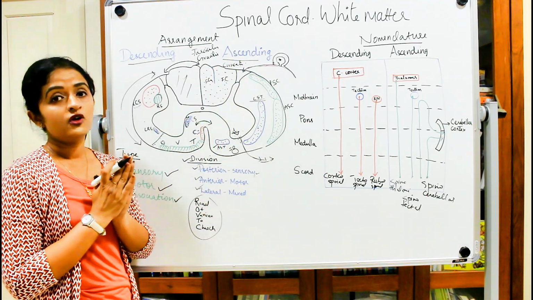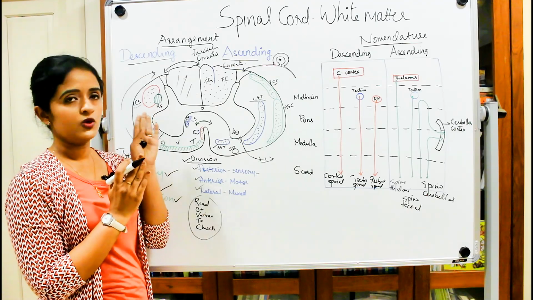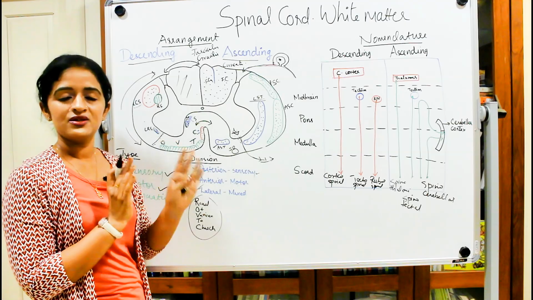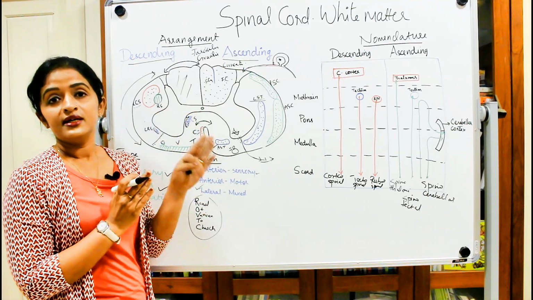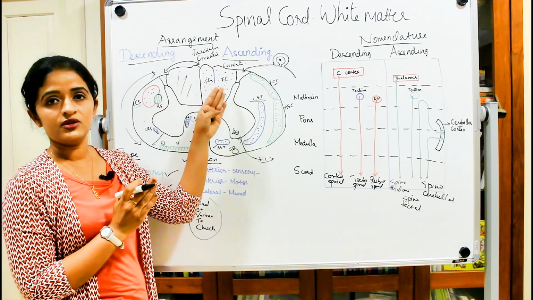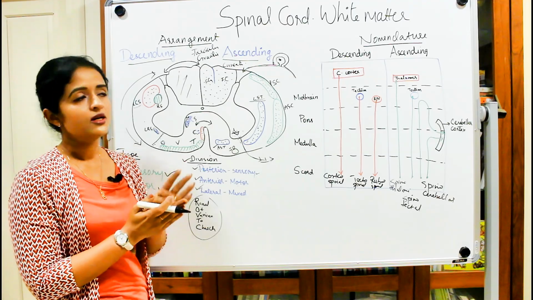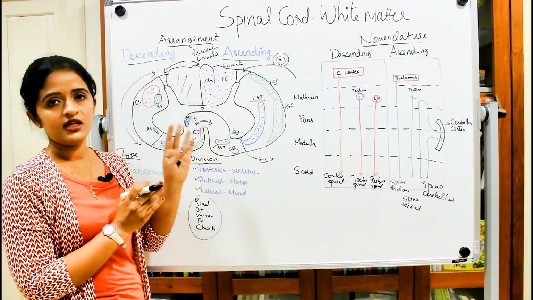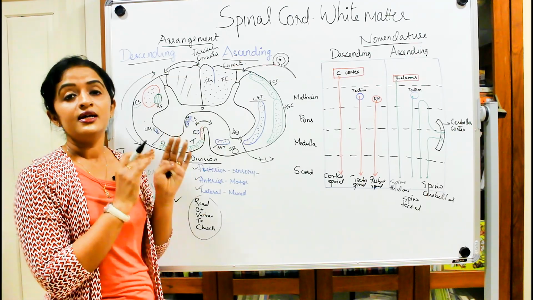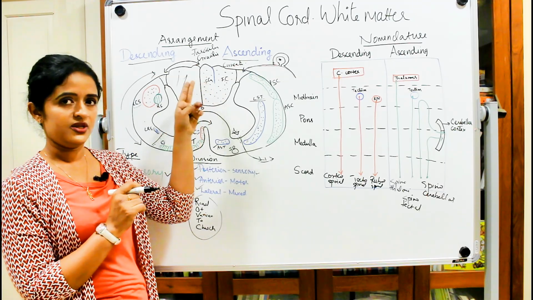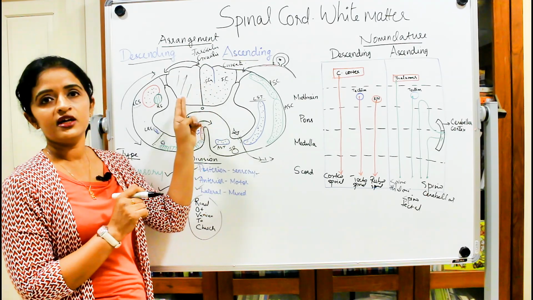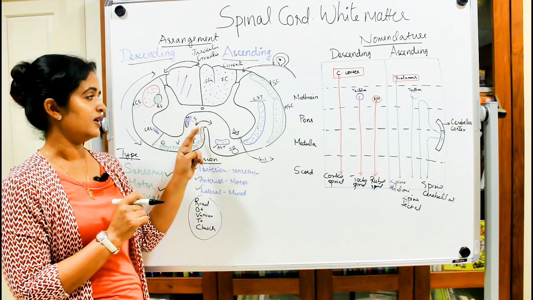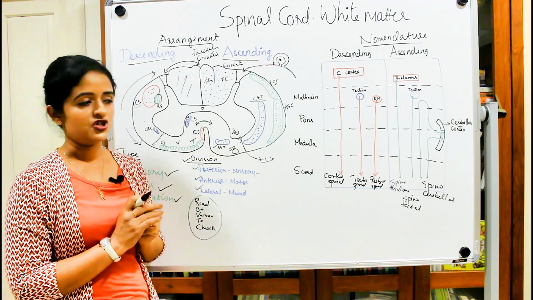Okay, tract of Gall and tract of Burdach, if you want to know the name of the tract, but if you know this name, it is well and good. Fasciculus gracilis medially and fasciculus cuneatus laterally. So they are the set of ascending fibers which you get in the posterior column. You are not getting any descending fibers in the posterior column. That is a peculiarity here, and they are not connected to each other, whereas the anterior column, you have the fibers connected through the anterior commissure.